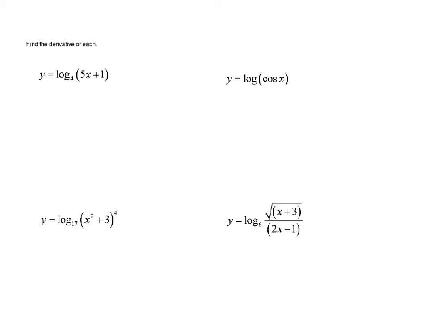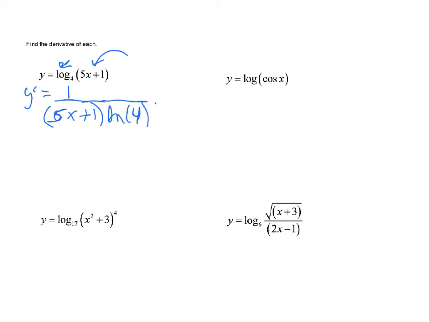So what about if we have to take logs and do derivatives of logs? Let's just do a couple examples. So this one is a log. It's just like ln. So 1 over 5x plus 1. Since it's not an ln, you just have to remember you have to make a correction factor for that by doing ln 4 on the bottom times, now we have to do the derivative inside of here because we just did the log part.